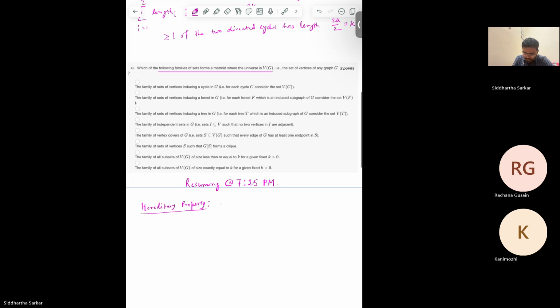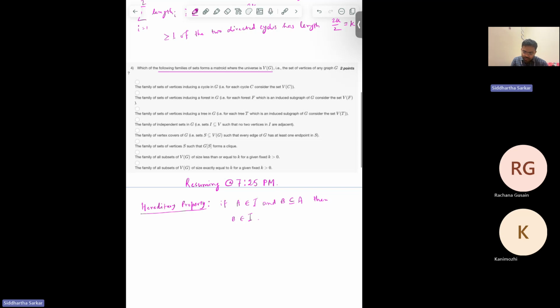So the hereditary property says that if A is an independent set of the matroid, so with respect to A, certain sets are independent, and if A is one of these independent sets and B is a subset of A, then B should also be an independent set.